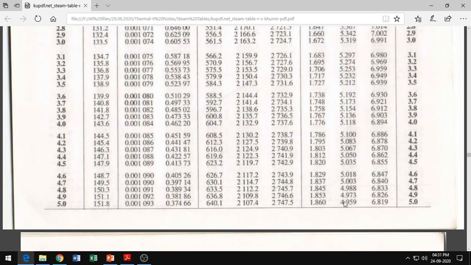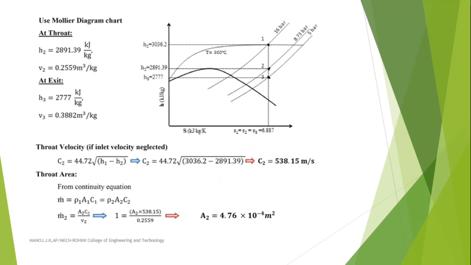S3 is equal to S2 is equal to S1. All the entropy remains equal because the process is isentropic; no heat is transferred. Therefore, S3 is known. From P3 equal to 5 bar, we observe the values for HF3, HFG3 and SF3, SFG3. By substituting all those things in the S3 formula, we will get the value of X3.